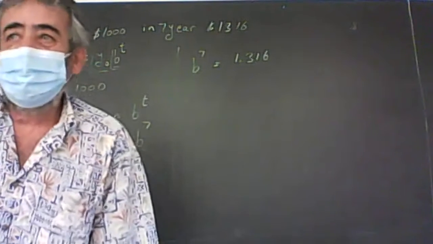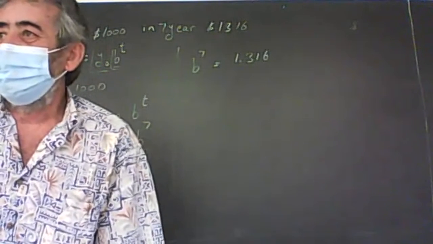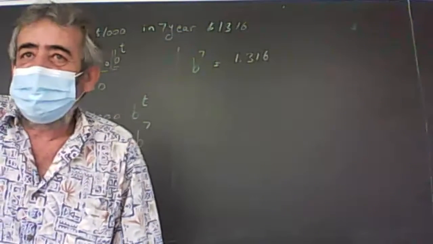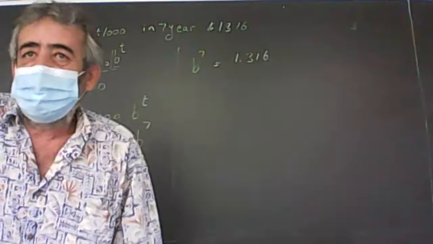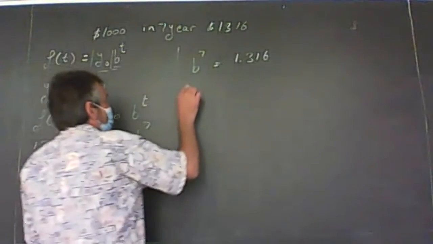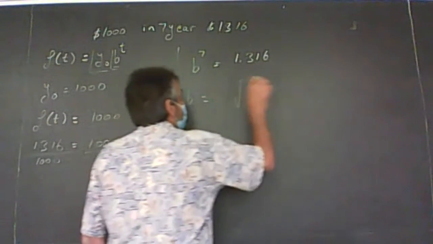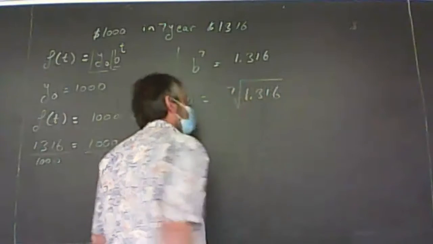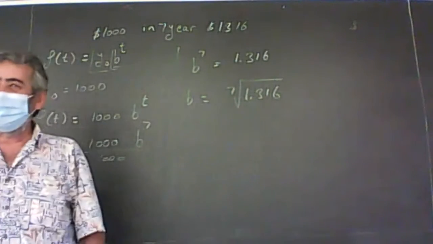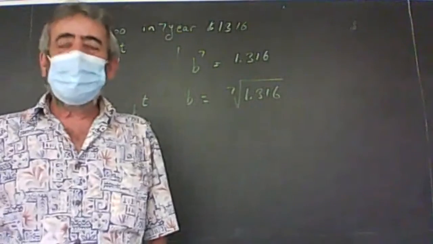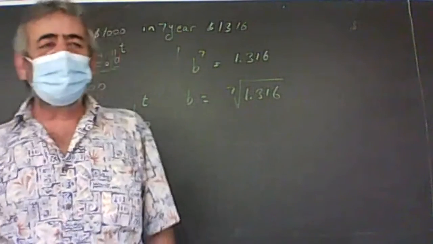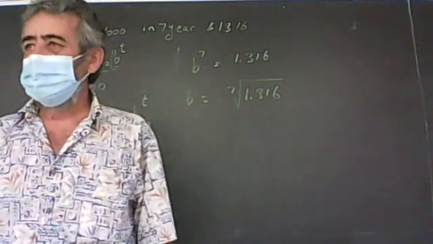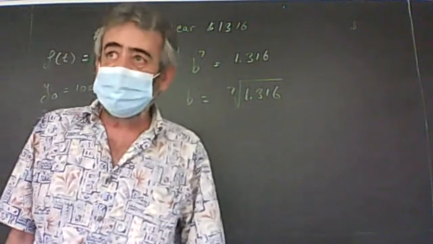Which root do I take? Seventh. But what does that mean? In some calculators, you can find the seventh root. You can pick the root you want. But in some calculators, you can't.